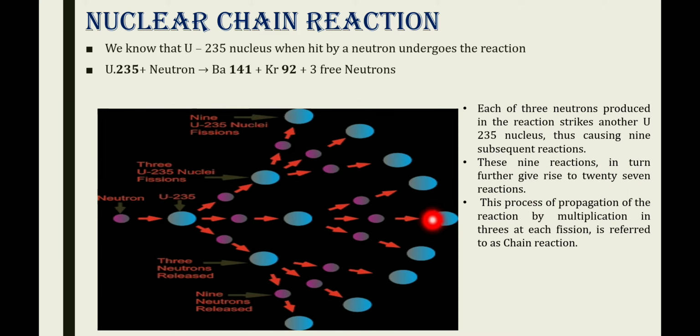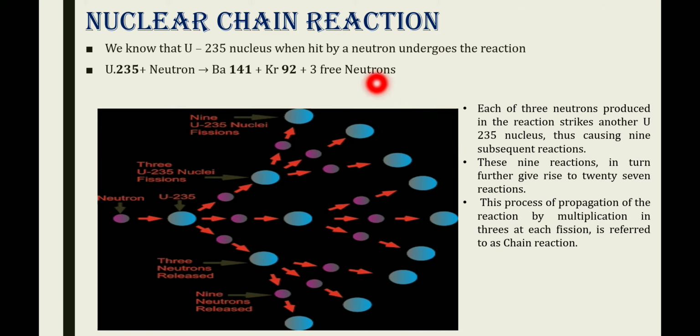This nuclear chain reaction process is the propagation of the reaction by multiplication in 3s. 3 3s are 9, 9 3s are 27, 27 3s are 81. In this manner, neutrons are released from the nuclear chain reaction process.